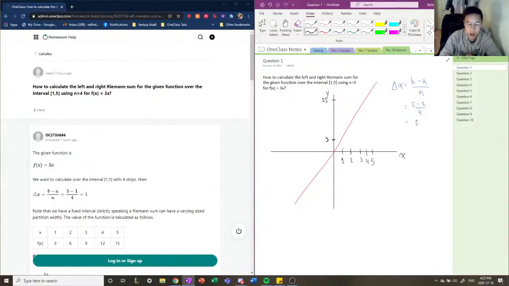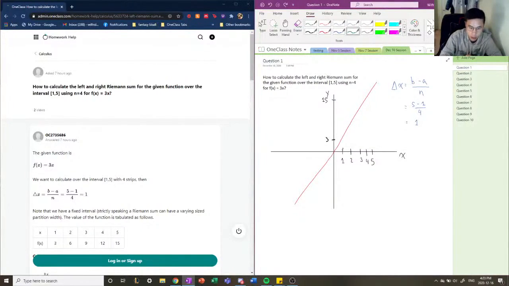If we were to approximate this first rectangle from 1 to 2, there are 2 different rectangles based on the length of the rectangle itself. As you can see here, between this interval we can either take the length of 3 or the length of 6. Let me draw this in a better way. Okay, let's use green.